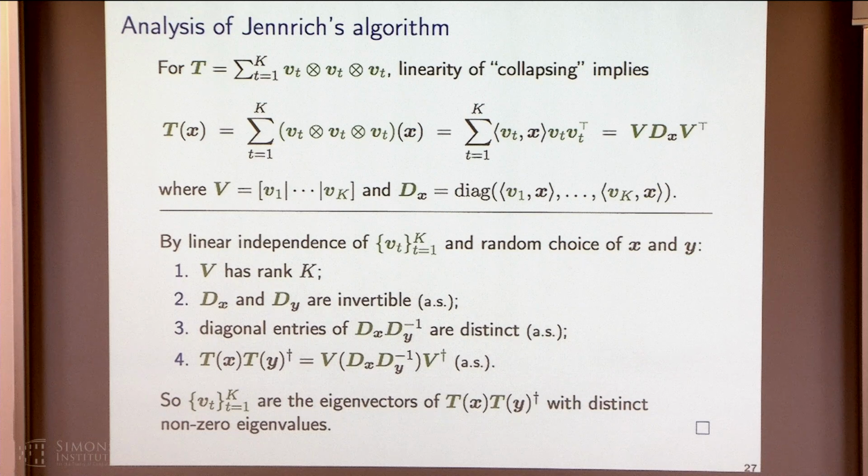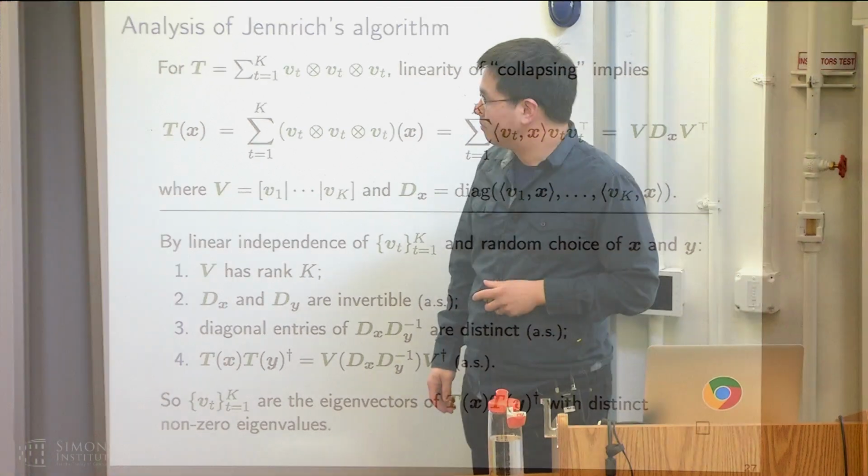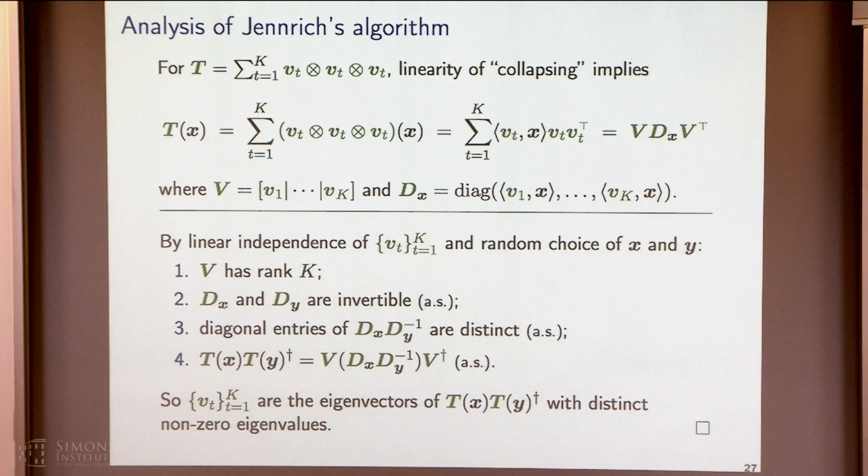So here this analysis uses the assumption that they are linearly independent, but it looks like the assumption is used sort of qualitatively, right? So things hold almost surely. Can you say something about almost linearly independent, for instance? This algorithm will work with some probability? Yeah, so what you really need if you want this to work when perhaps there are errors and you have finite precision, is that you want it to be very linearly independent.